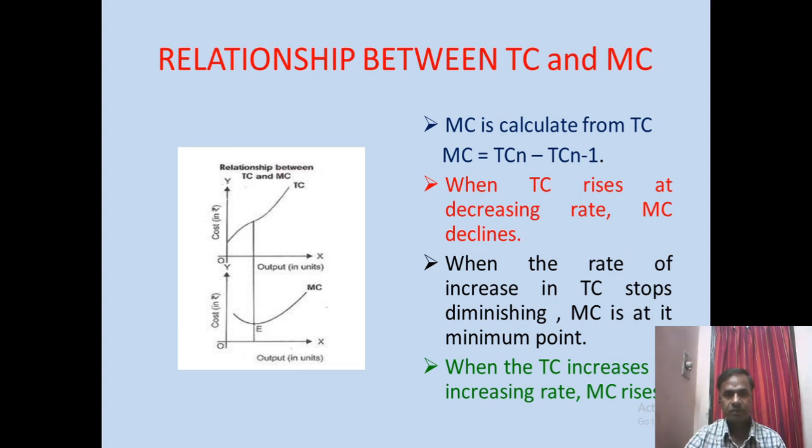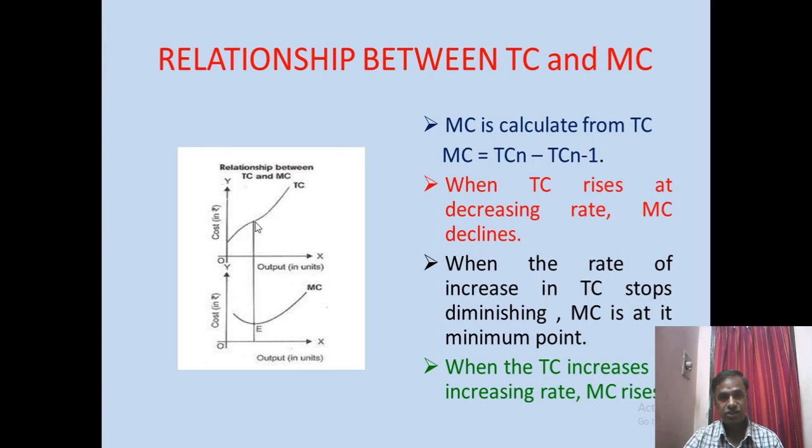Again, I repeat, you see, TC is S-shaped, MC is U-shaped. MC is derived from TC. When the TC increases at decreasing rate, MC falls.